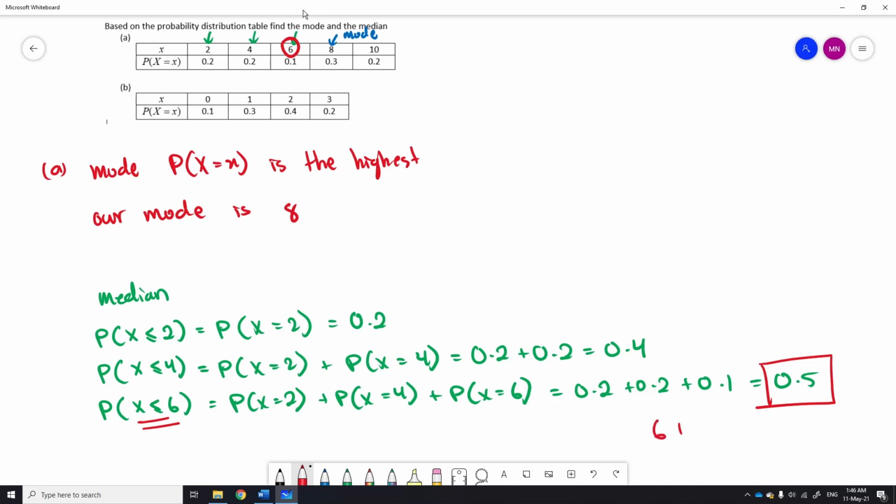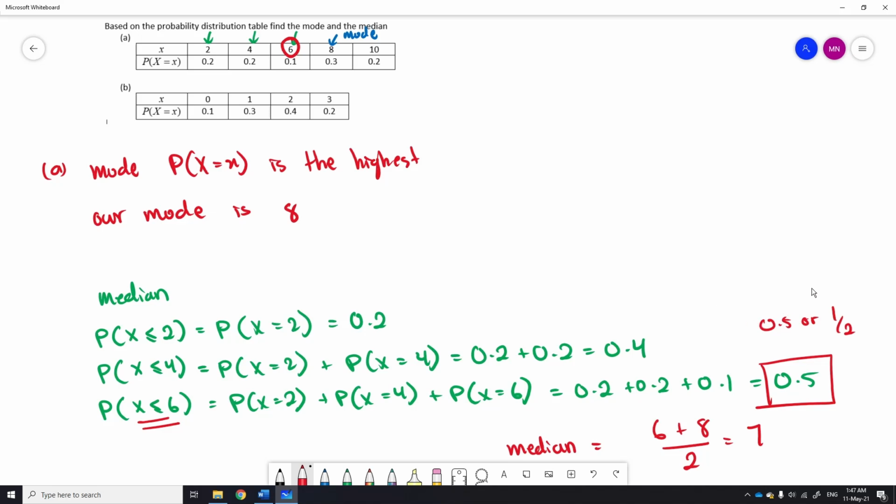So 6 plus 8, divided by 2, gives us our median equal to 7. We divide it by 2 if we obtain a value that is exactly 0.5 or 1 over 2.